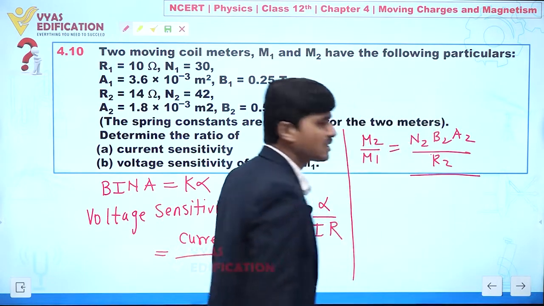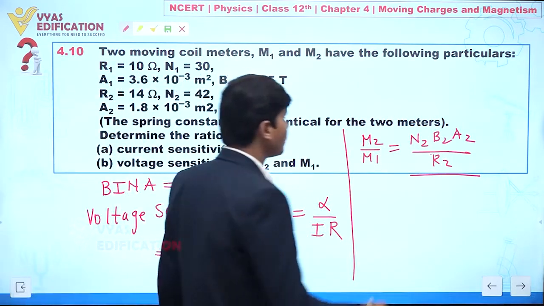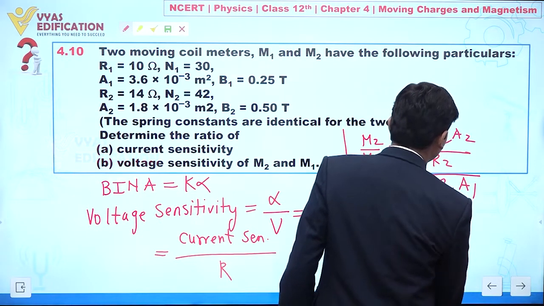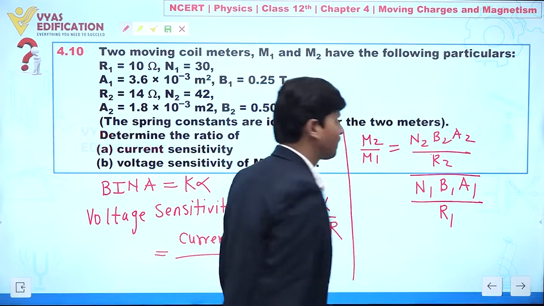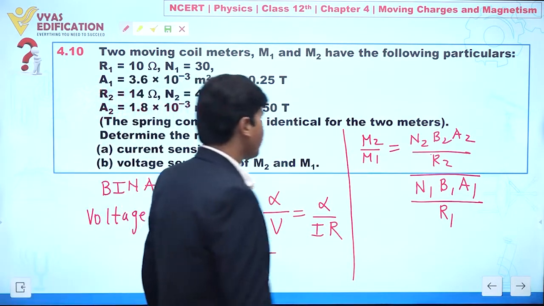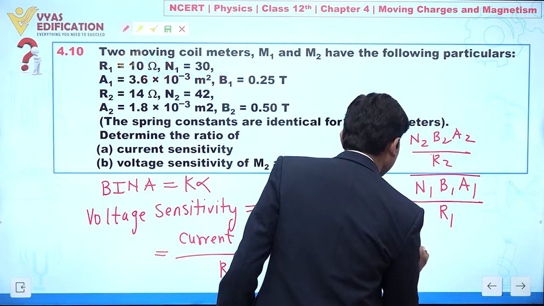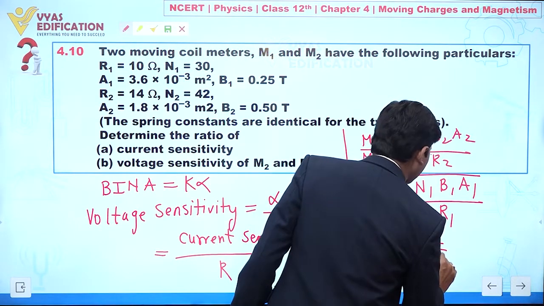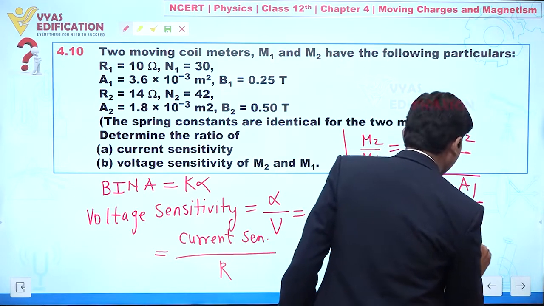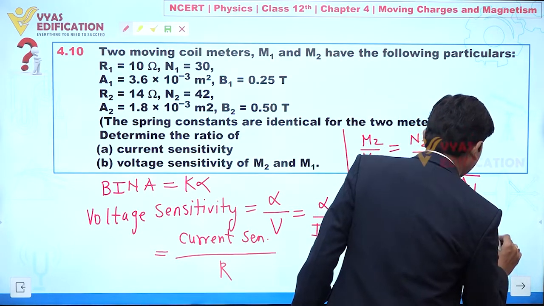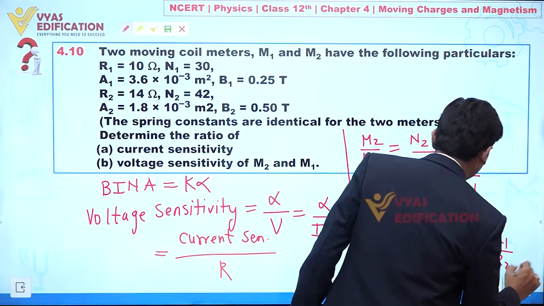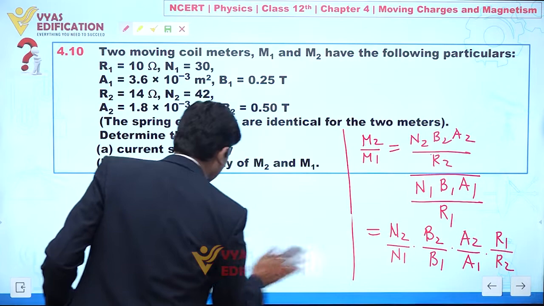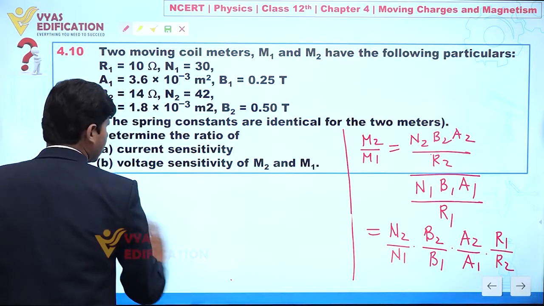Now we write the same for galvanometer M1: N1 B1 A1 divided by R1. From here we can write N2 by N1, times B2 by B1, times A2 by A1, times R1 by R2. Now if we put in all the values, we can directly get our answer.